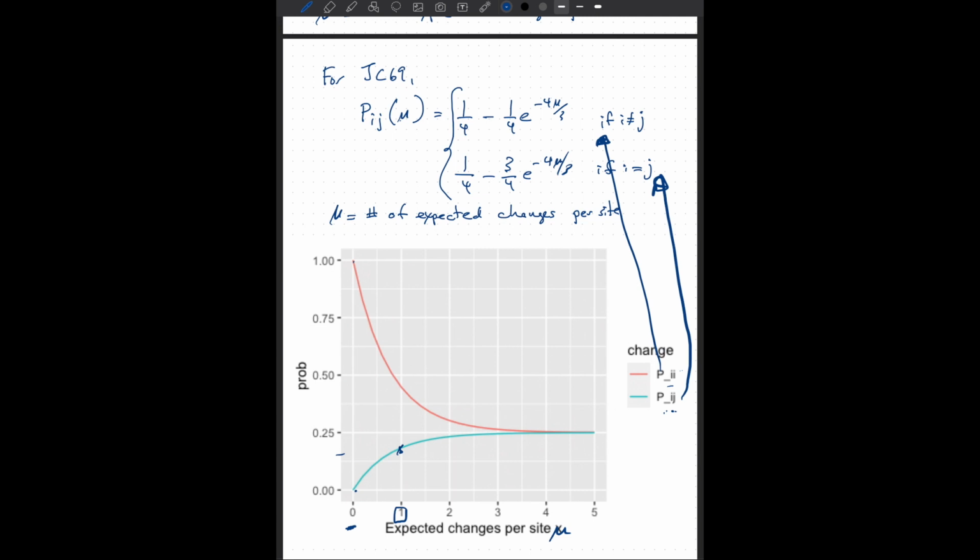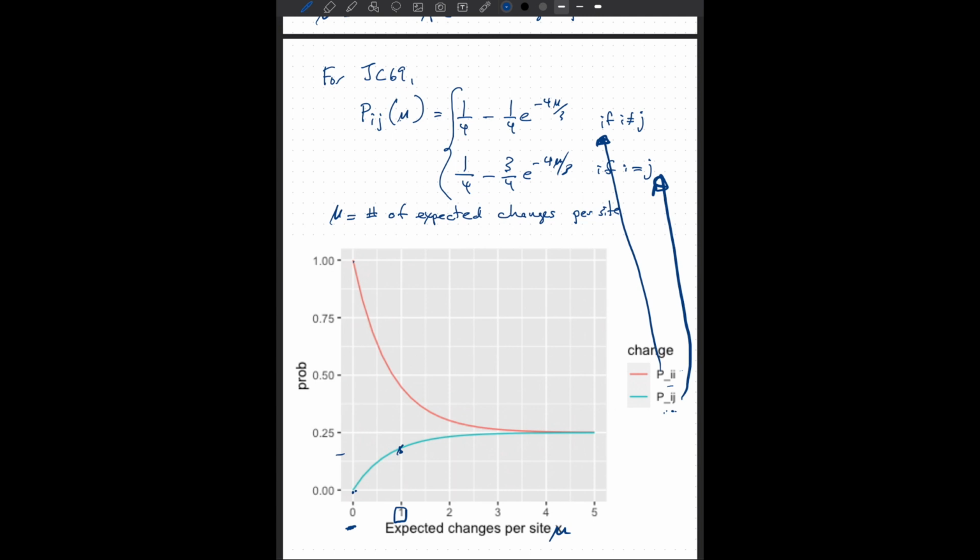Does that make sense? Here I'm asking, what's the probability that I started in A and I mutated away from A? Well, that would be something like a 75% chance.